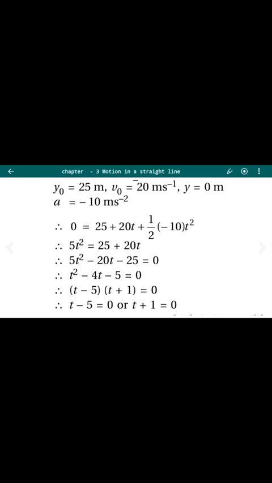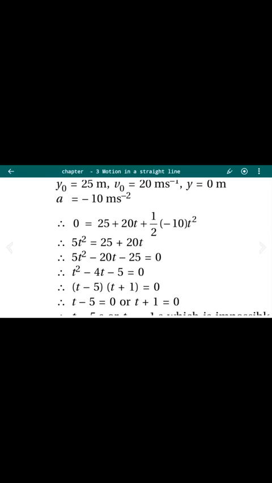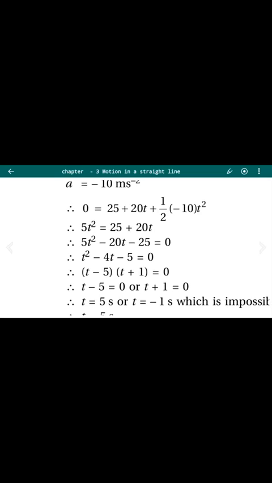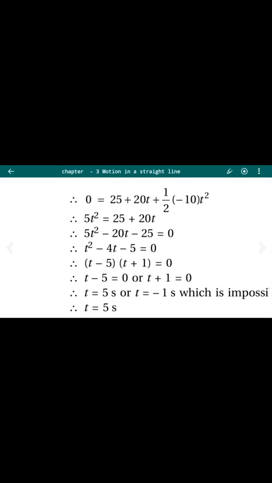Taking 5 common and taking 5 on the other hand side, that is the right hand side, it becomes t square minus 4t minus 5 equals 0. Taking the factors of 5, that is 5 into 1, and here because the sign is minus 4t, we take minus 5t plus t, so that it becomes minus 4t. So taking t square minus 5t plus t minus 5 equals 0.